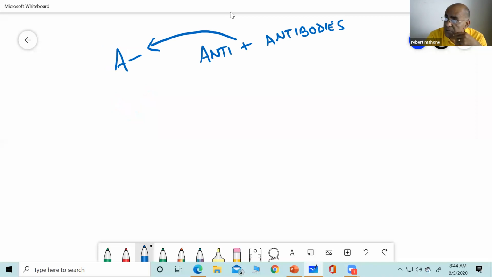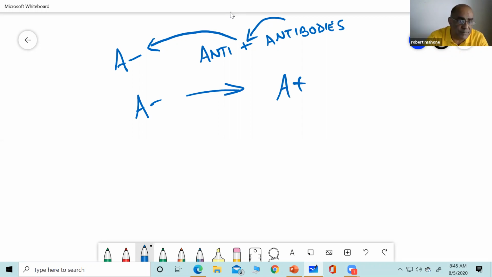Their antibodies will attack it and destroy it. However, if a person is positive, they don't have any antibodies against it. Remember, negative simply means you don't have the other marker. So you can put negative blood into a positive person, no problem.